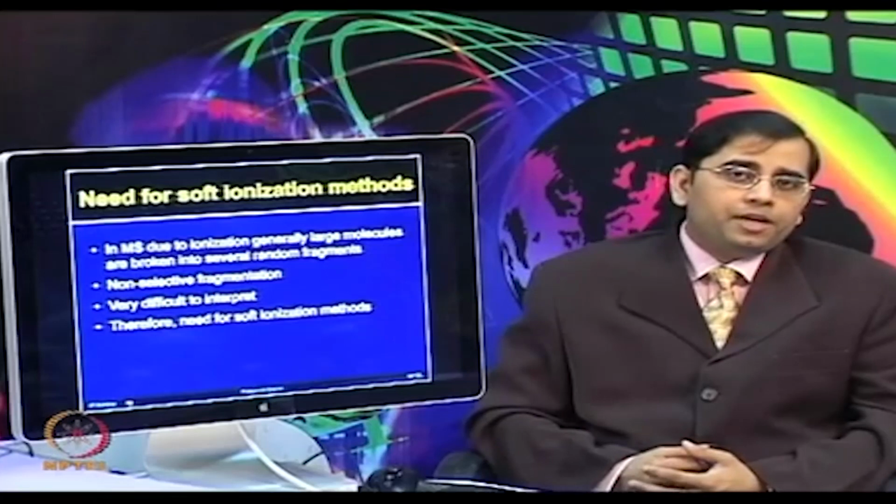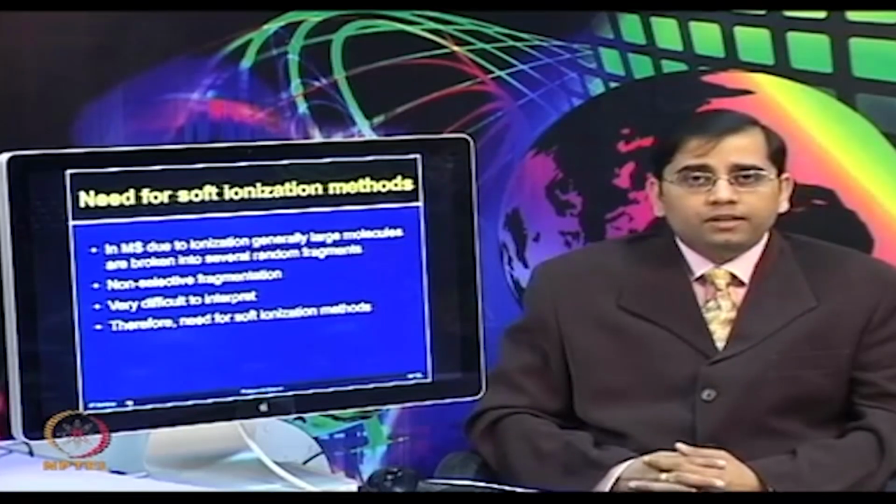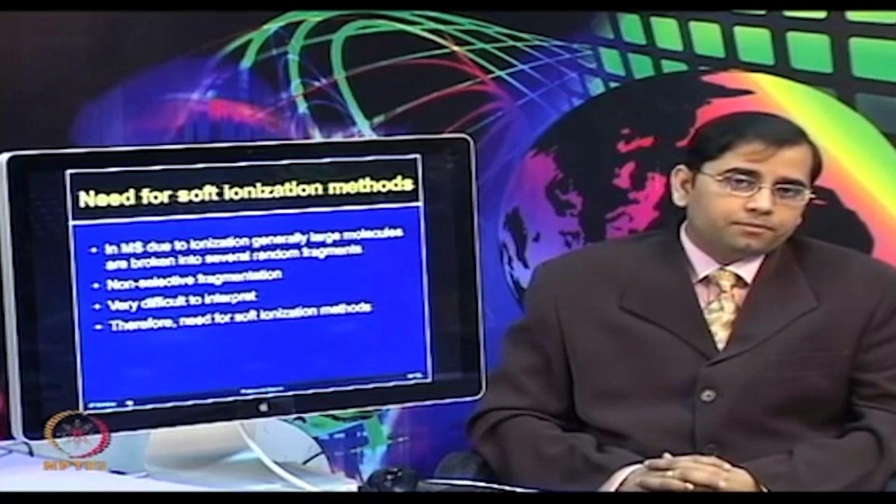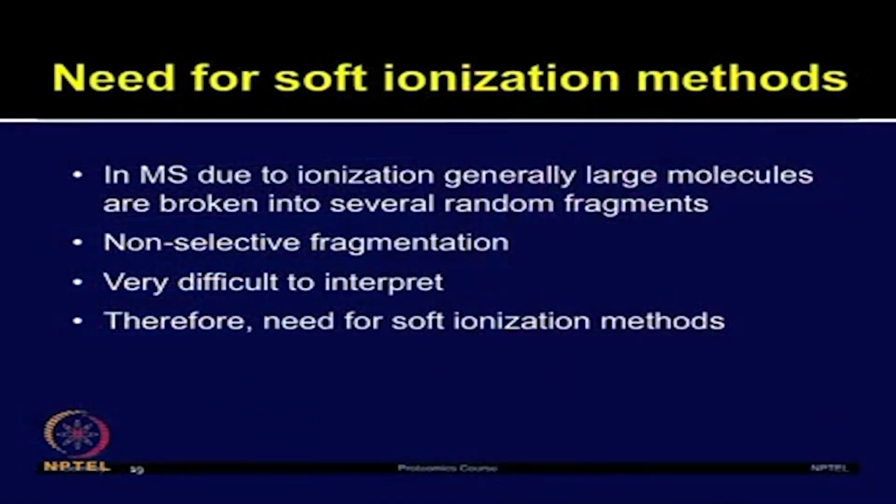So, for proteomic applications, there was a need for soft ionization methods in mass spectrometry. Hard ionization causes non-selective fragmentation that is very difficult to predict. Therefore, it led to the need for soft ionization methods in proteomics.